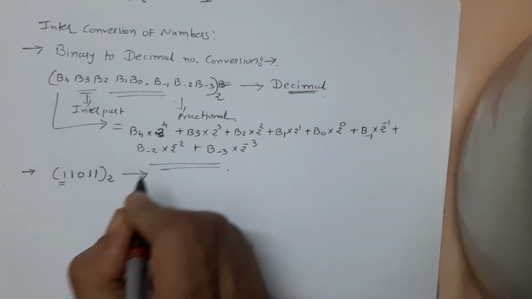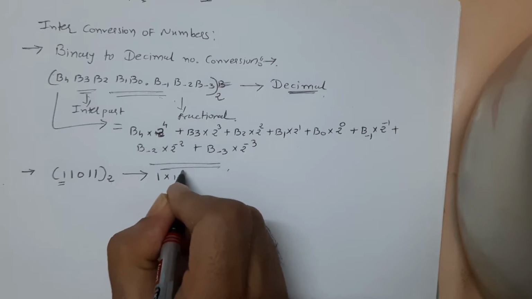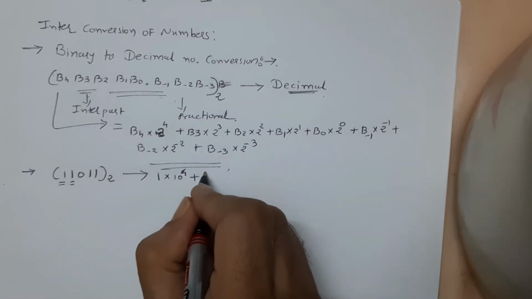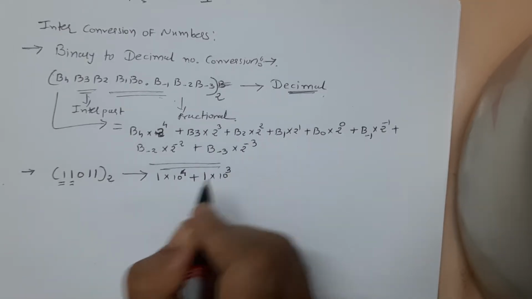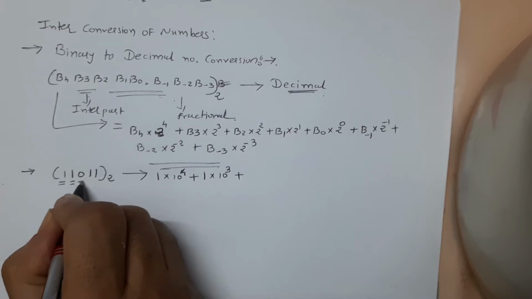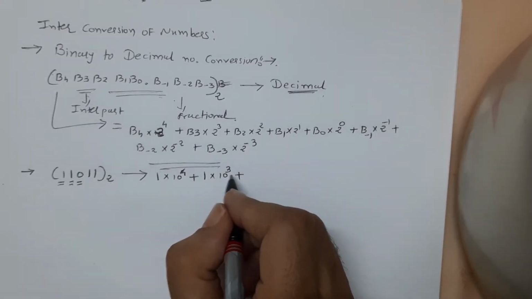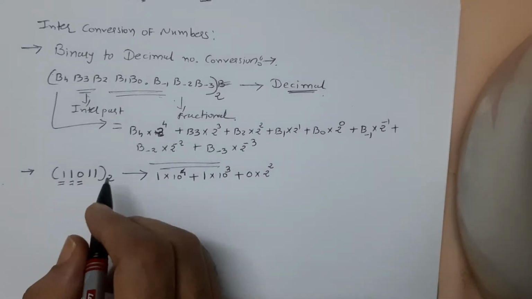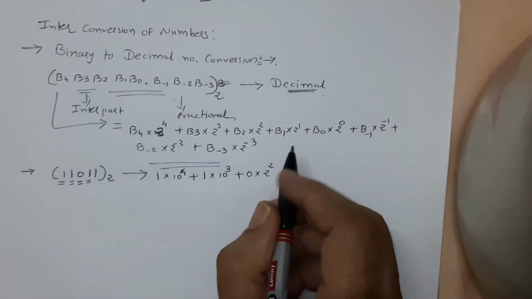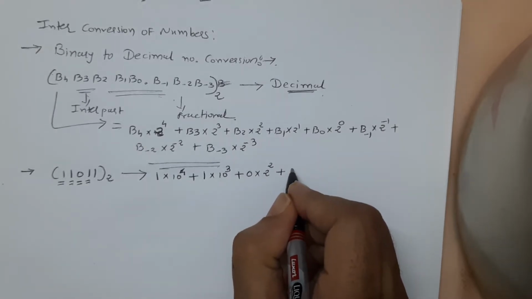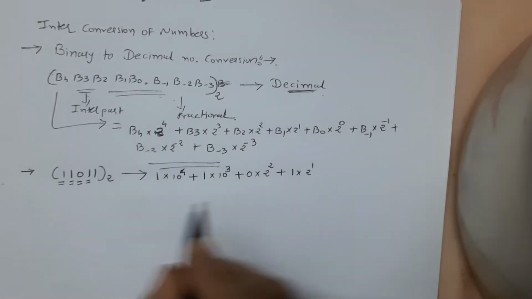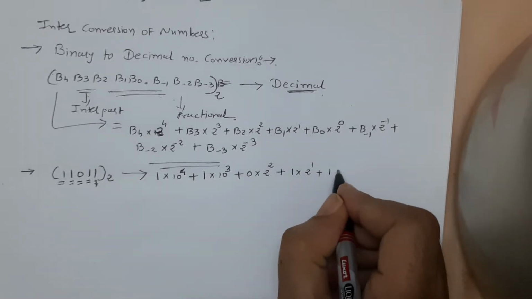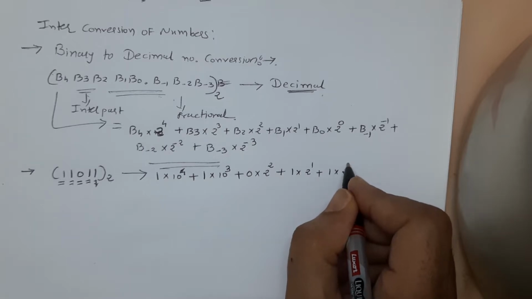So this is your situation. This first one, 1 into 2 raised to 4, plus this one into 2 raised to 3, plus this 0 into 2 raised to 2, plus this one into 2 raised to 1, and plus the last one into 2 raised to 0.